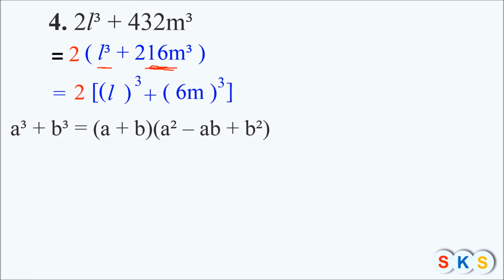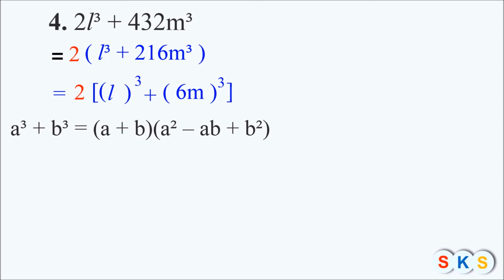And a cube plus b cube is equal to (a plus b) into (a square minus ab plus b square). You can see here the first term is the cube of l, so we will take a as l, and the second term is the cube of 6m, so we will take b as 6m.